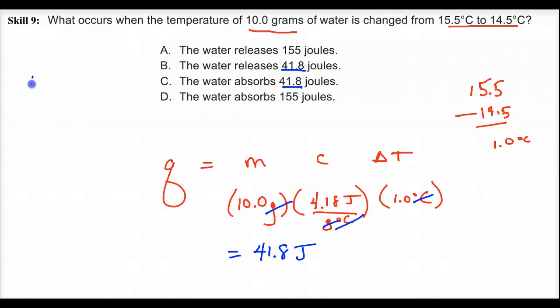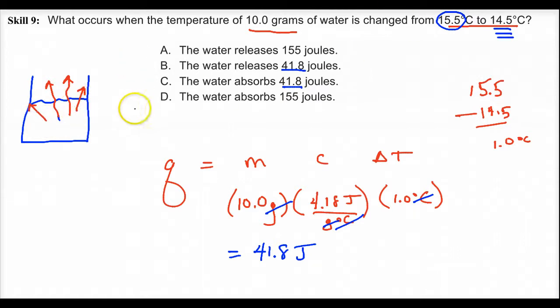Well, understand the problem. We have 10 grams of water, and we know we started at 15.5, but wait a minute, the temperature dropped. So that must mean that the water was losing heat to maybe its surroundings, or the cup, or your hand.